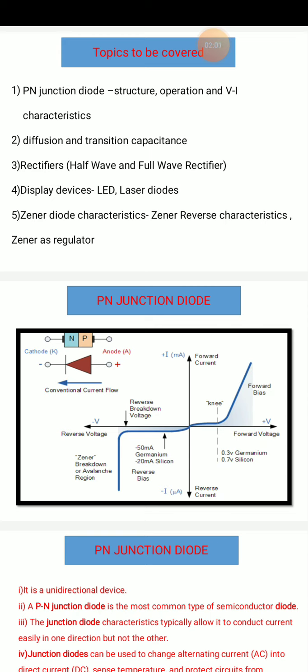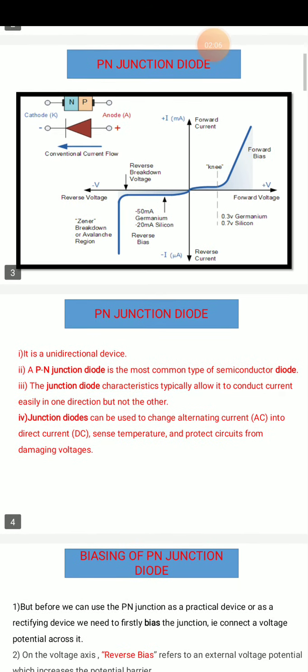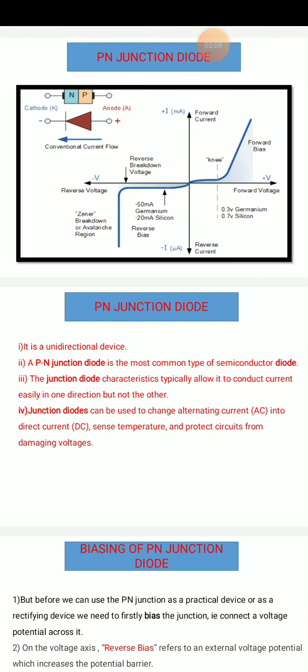The first topic is the PN junction diode. What is a PN junction? PN is nothing but a positive-negative junction diode. You can see the circuit symbol and the structure of the PN junction diode in this diagram.